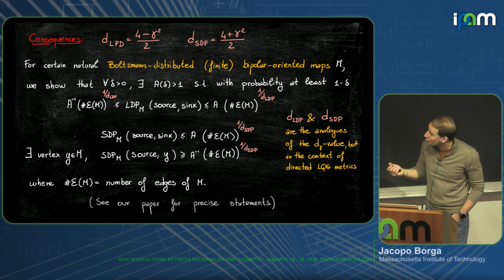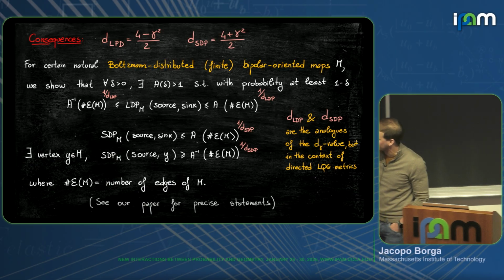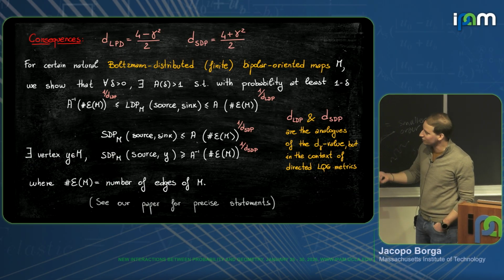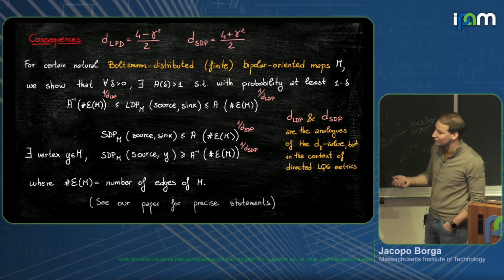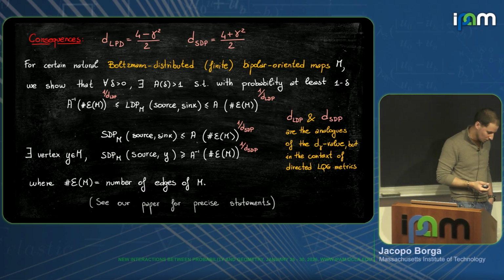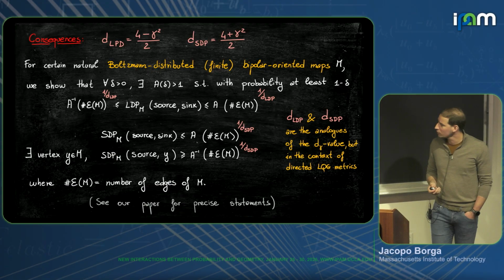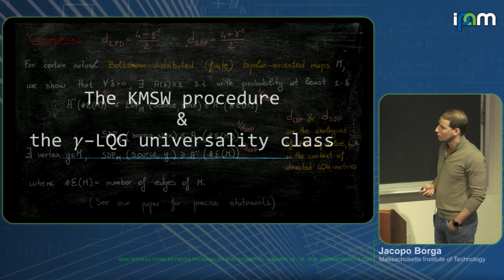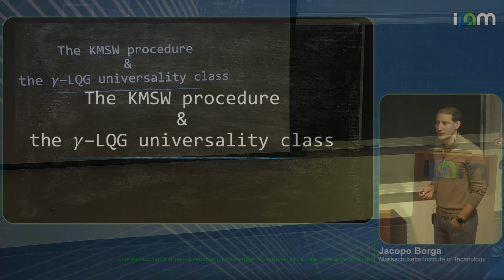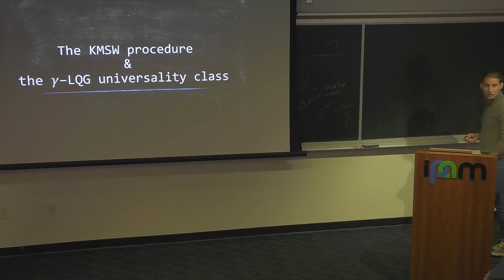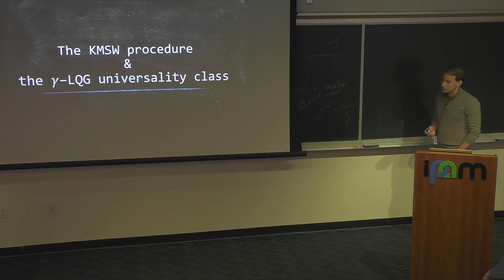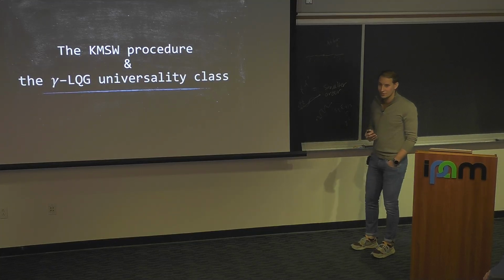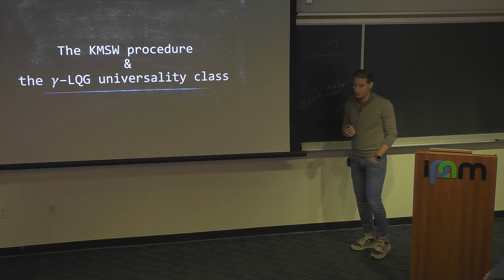And the formulas are surprisingly easy, despite coming from a series of substitutions that involve even the arctangent, the cosine, and so on. OK. Any questions about the statement? So I'm going to do one thing: justify why these maps are in the gamma universality class, and then tell you where these exponents come from.